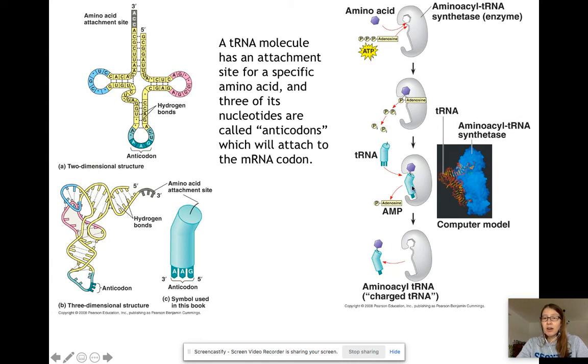When the tRNA and the amino acid join into this particular enzyme, these are the two substrates, then with some ATP, it will join them together. That's how we know that this tRNA will only have the specific amino acid attached to it, because it has to fit the active site of the particular tRNA synthetase that will put those together.